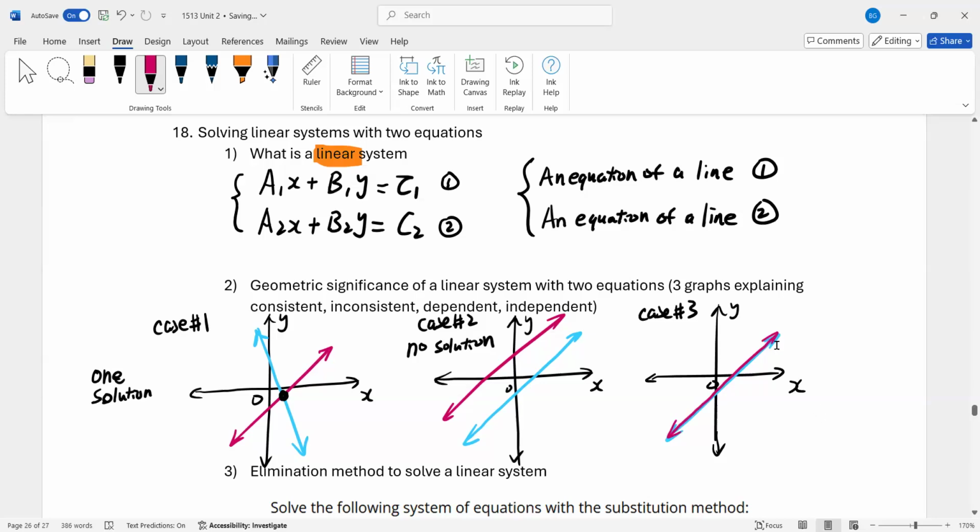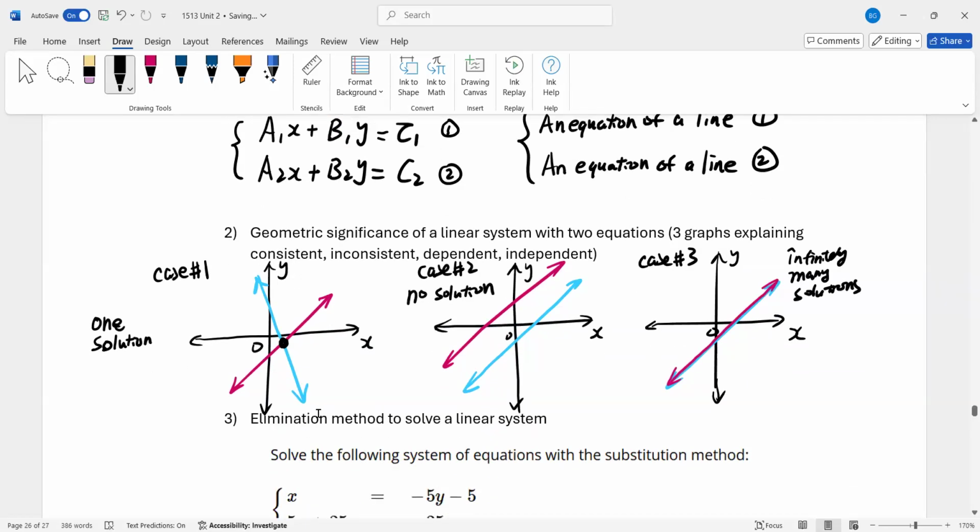There are infinitely many points on the two lines. Actually, it's the same line. Those points are all solutions of the system because they satisfy both; they are the same equation anyway. So in case 3, when the two straight lines are overlapping or coinciding, it has infinitely many solutions. All the points on the straight line are solutions.